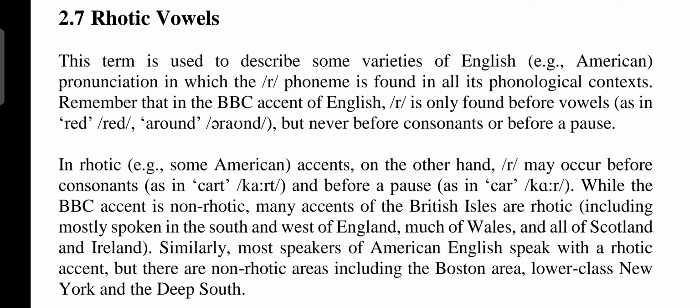Remember that in the BBC accent of English, R is only found before vowels, as in red, around, but never before a consonant or before a pause. In rhotic accents, for example some American accents, R may occur before a consonant, as in cart, and before a pause, as in car.